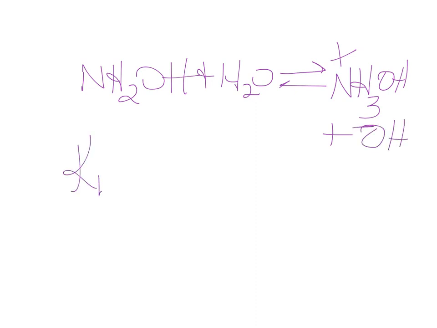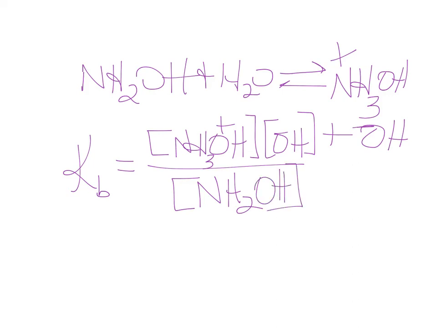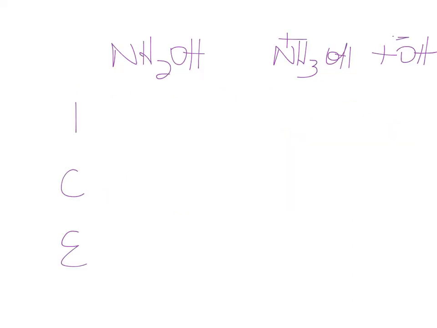It is Kb now that you're setting up, so it is the conjugate acid of the original base times hydroxide, all over the original weak base that you started with. Our original concentration of the weak base is 0.35 molar.